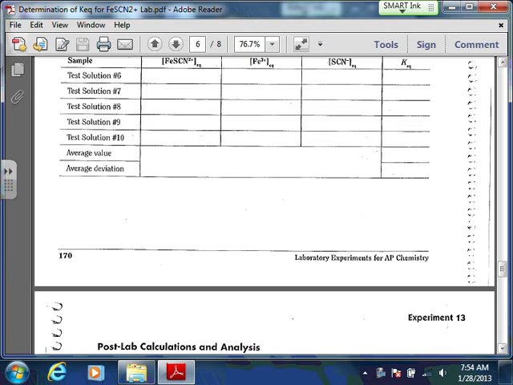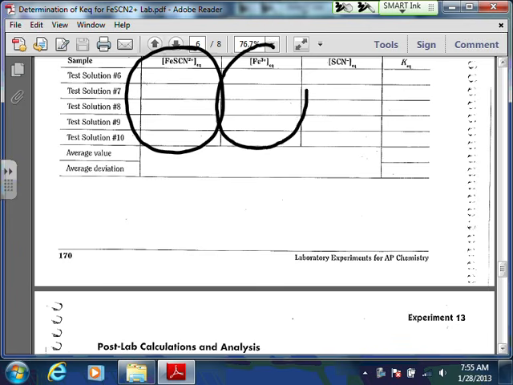And then what we have figured out using the graph is the FeSCN2+, okay? Then we can use that in the ice table to figure out the concentration of Fe3+ and the FeSCN- at equilibrium, okay? Because we know the starting concentration of the FeSCN2+ is 0, okay?